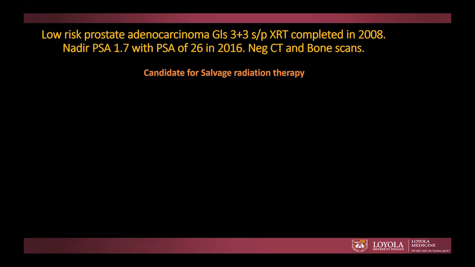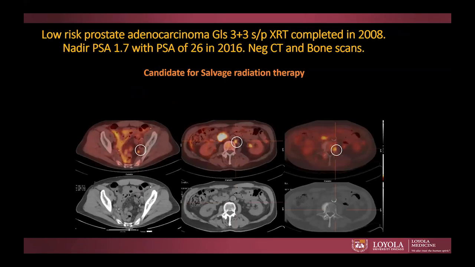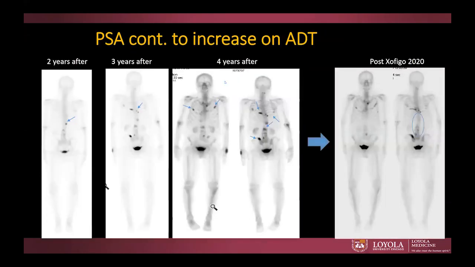So this is one of the examples from our own institution. It's the same patient I spoke about, where fluciclovine actually changed management from radiation therapy to hormonal therapy, which was the best one to start with at that point. And you can see that at 2 years and 3 years, despite hormonal therapy, at the 3-year time he had progression of disease. And then at 4 years, they decided to give him Xofigo treatment.